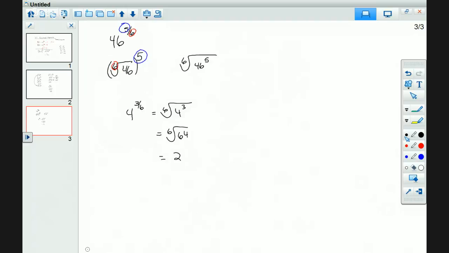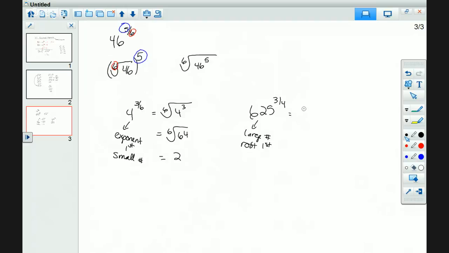Okay. With a larger number, something like this one, it's generally better to root it first. So here I would do exponent first for a small number. This is a large number. Just a little strategy, root first.